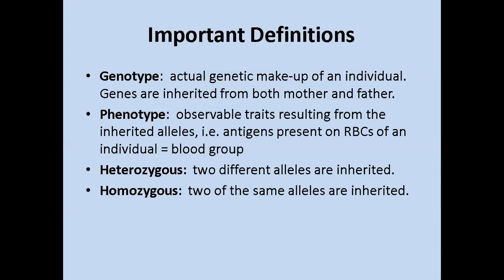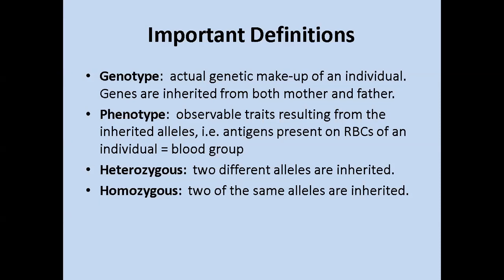These are phenotypic results, so they can tell us perhaps which antigens are present on this person's red blood cell, and we can then deduce what blood group they are of the ABO system. But in some cases, it does not tell us their genetic makeup, meaning which actual alleles they inherited from mother and father to give them this phenotype.